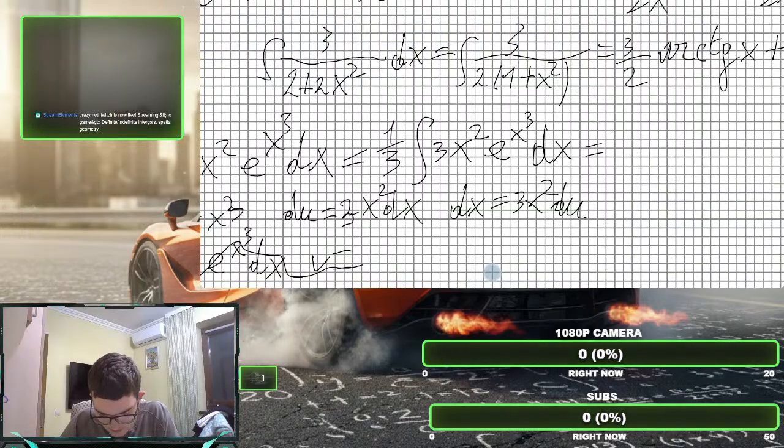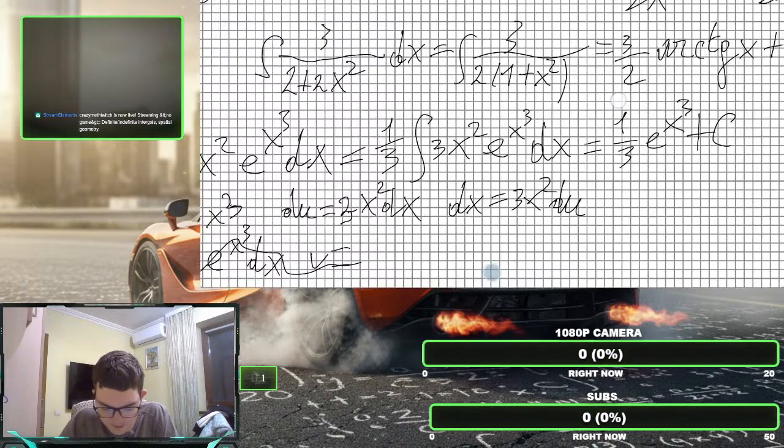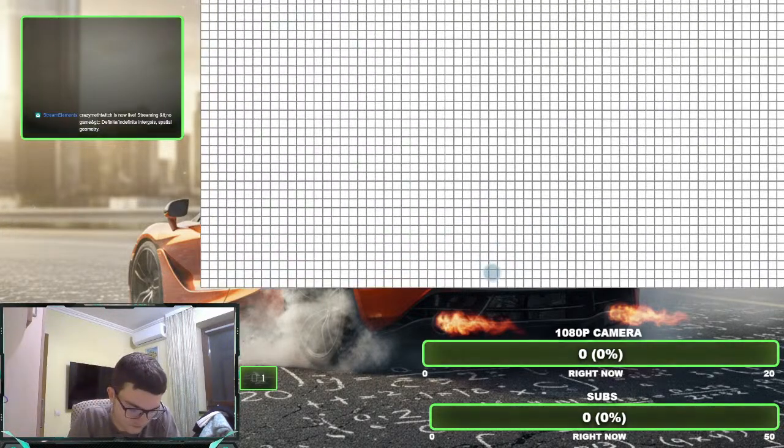And so you would get that it's 1 divided by 3 e to the power of x to the third divided by 3 plus c. It's pretty hard to understand, I'm not that sure about it. Let's go for the next exercise.